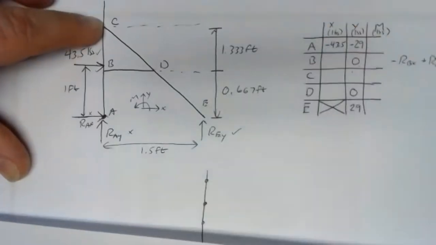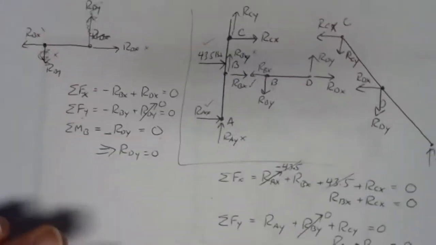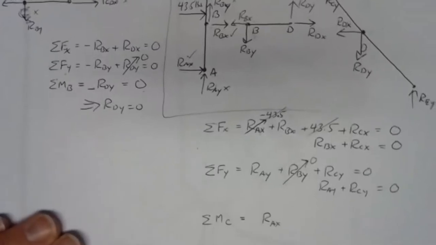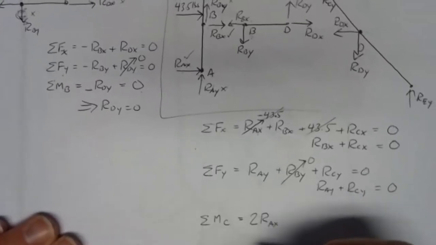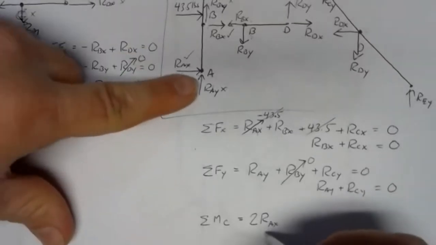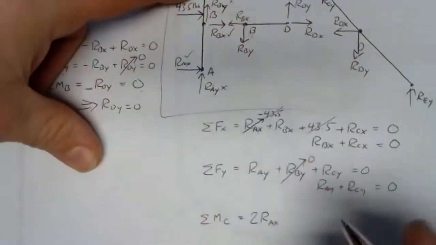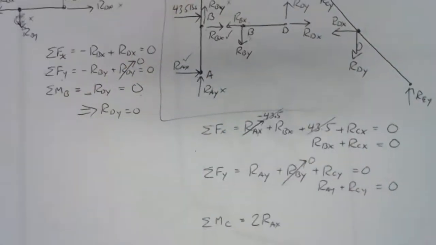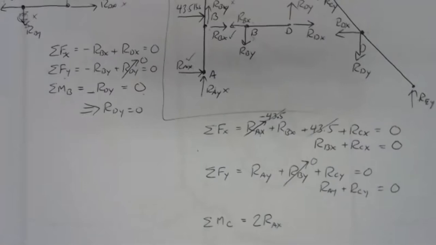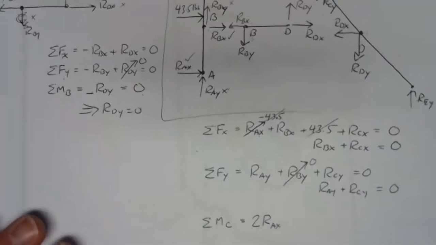So the arm for RAX is 2 feet. Based on our assumptions, we've got RAX pushing to the right. That would be a counterclockwise moment, so it would be positive. So we have positive 2 times whatever the value of RAX is.